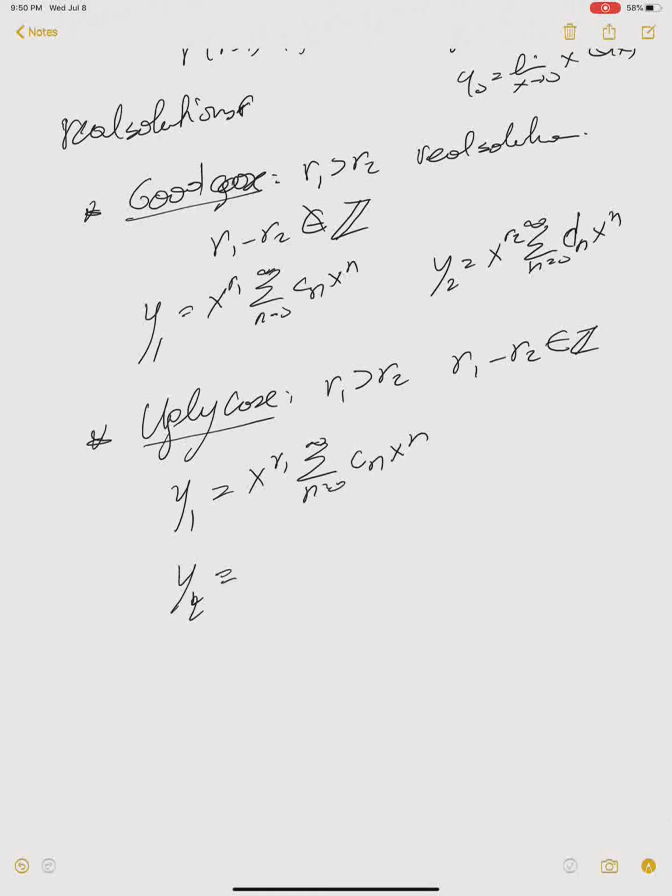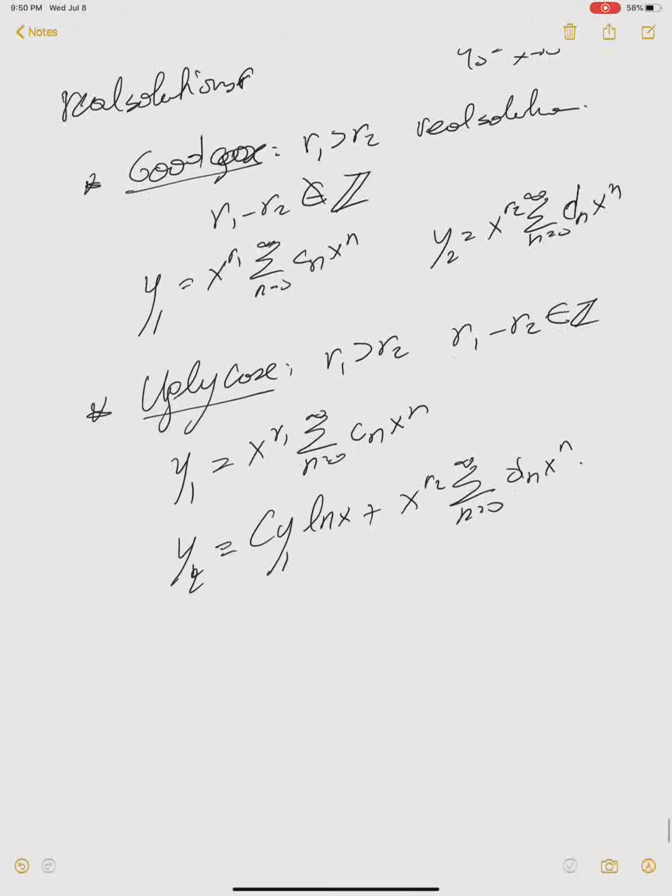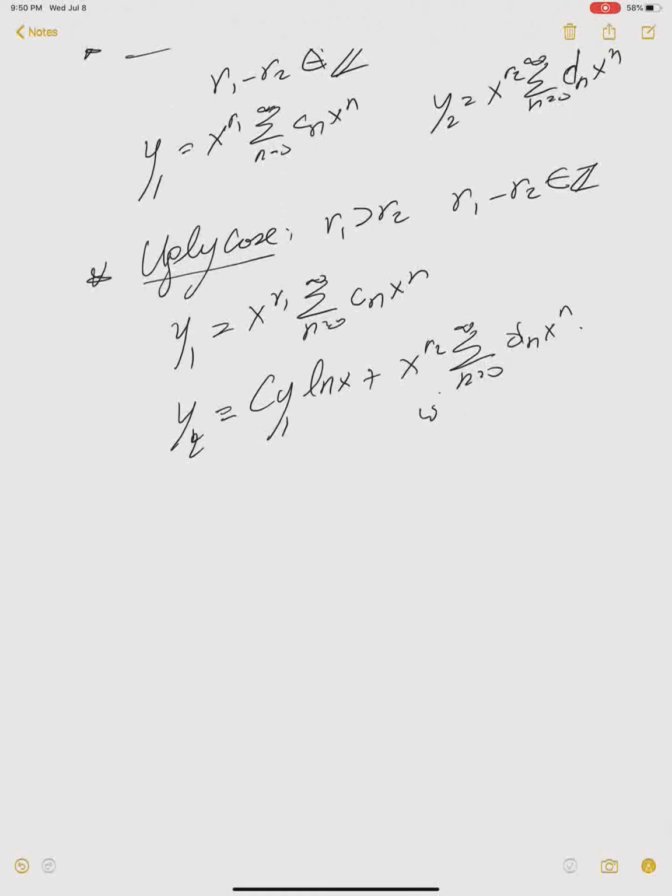It will give me a solution of the form c y1 log x plus x^r2 summation from n equals 0 to infinity d_n x^n. Okay. So where c can be 0. If it's 0, then I'm back to case 1, the good case. If it's not 0, then I will have a log x that appears.